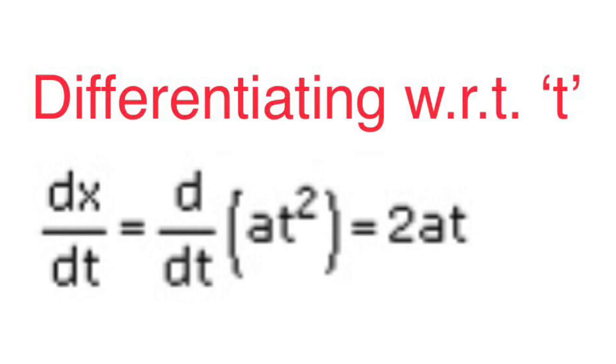So we'll get dx upon dt equals d upon dt of a into t square. Since a is constant, we will take a outside from the derivative. So we have to find the derivative of t square. Its derivative will be 2t, and therefore dx upon dt equals 2at.